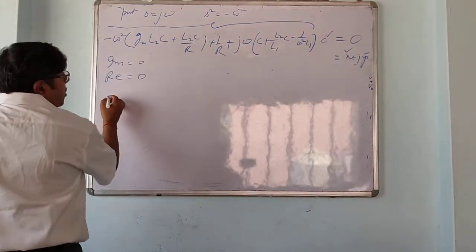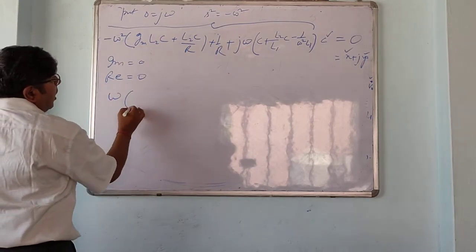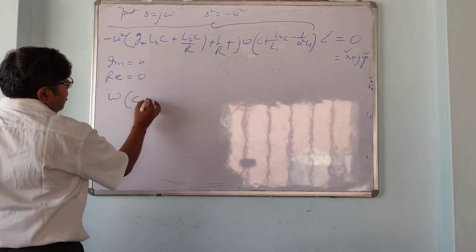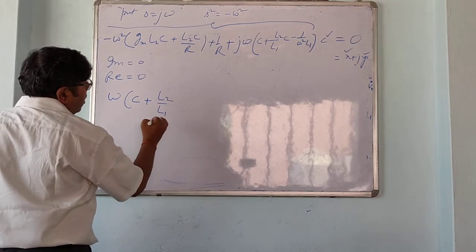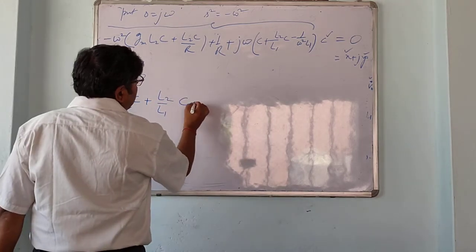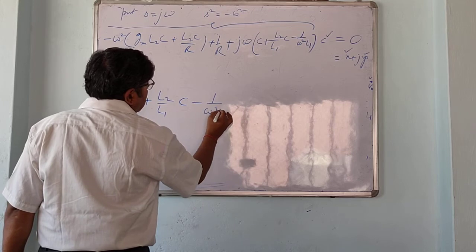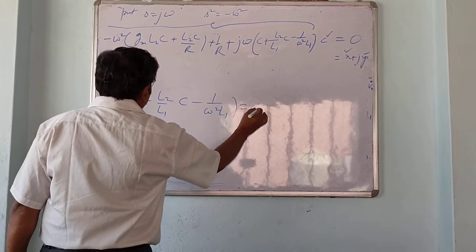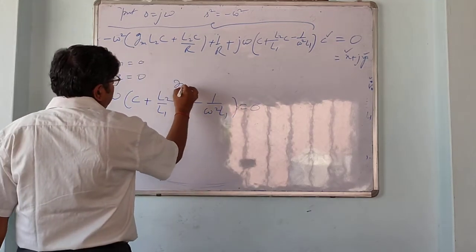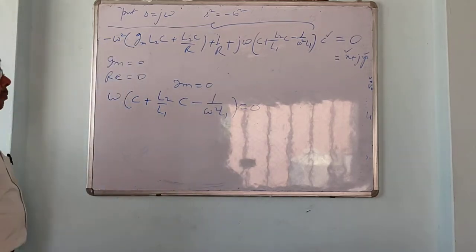Then from this you can write omega C plus L2 upon L1 into C minus 1 upon omega square L1 is 0. This is the expression if we set the imaginary part to 0.